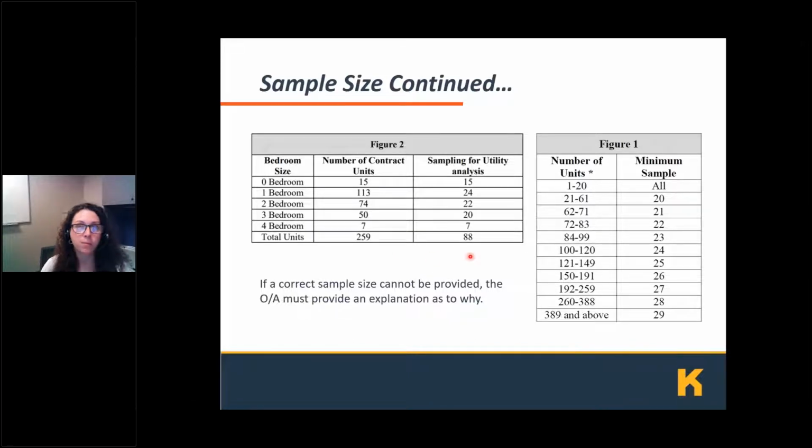And something important I want to mention, there are a variety of reasons why the minimum sample size can't be submitted. And so if that's the case, if you are required to send in, in the first example, let's say 15, but for whatever reason you can only send us 14 or 11, please let us know.